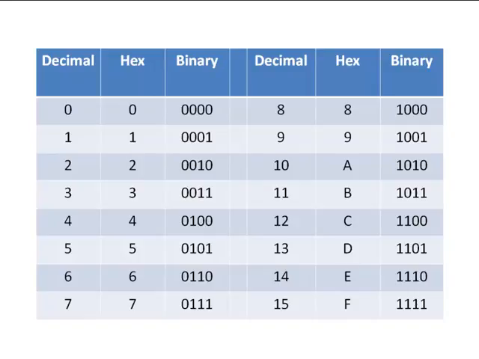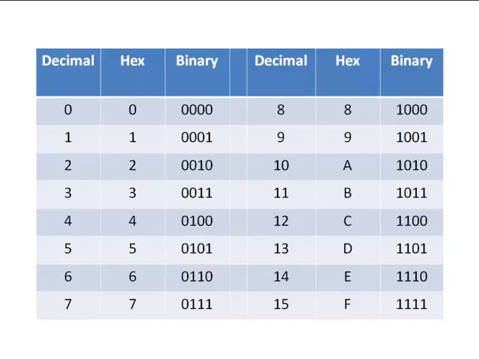And for the values above 9, we normally use the letters A, B, C, D, E or F. It doesn't matter if they're capital letters or lowercase letters. And so the hexadecimal digits run from 0, 1, 2, 3, 4, 5, 6, 7, 8, 9, A, B, C, D, E or F. And this table shows you the decimal values, the binary values and the hex values.